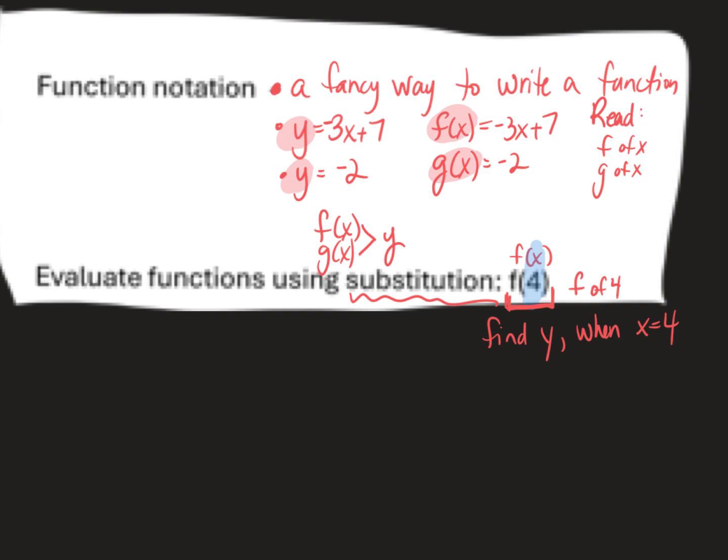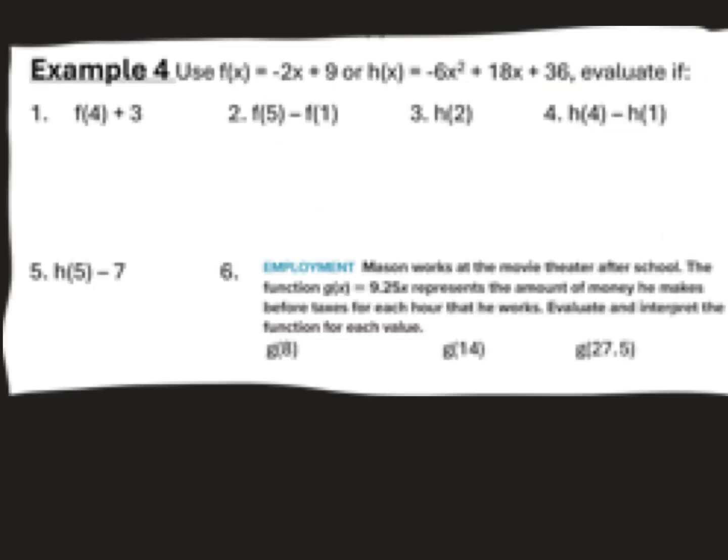So we're going to go evaluate some functions. We're going to use the f of x function and the h of x function to evaluate. Number 1 says f of 4 plus 3. So what I'm going to do is substitute 4 in for x. So negative 2 times 4 plus 9.